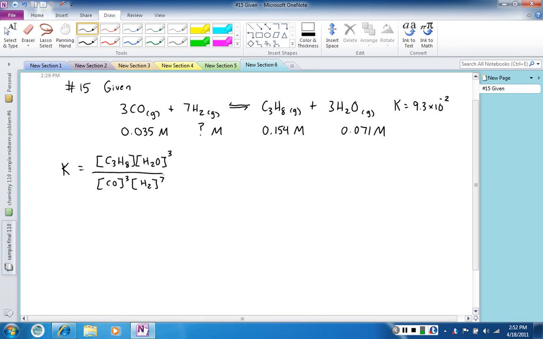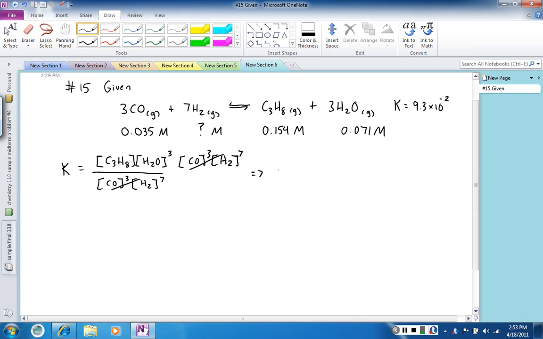The next step is to solve for H2. So let's multiply by CO cubed times H2 to the 7th on both sides.